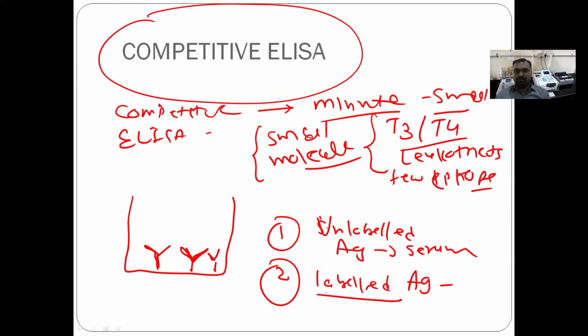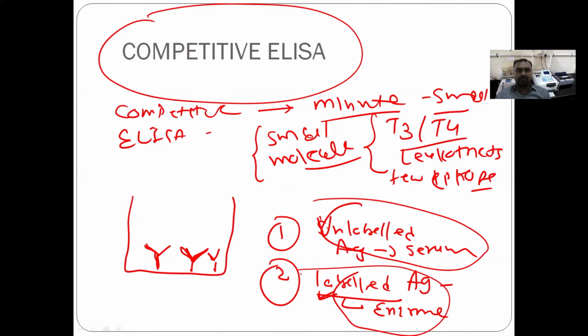So how is it labeled? It is tagged with the enzyme, right? So suppose in the serum the antigen concentration is very high. First we add this labeled antigen, which is the antigen labeled with the enzyme. It will bind with the antibody by the help of the epitope of the antigen.